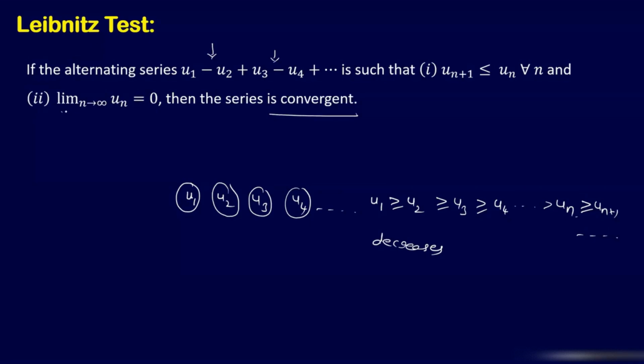As n tends to infinity, when this limit doesn't exist, automatically it's a divergent series. When the limit exists and is particularly 0, then only we say it is a convergent series. Now, using this simple idea, we'll verify whether these two conditions are satisfied or not. By verifying these two conditions, we'll decide whether the given series is convergent or not. So that's a simple thing.